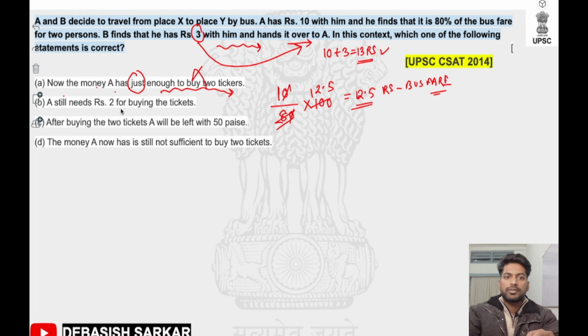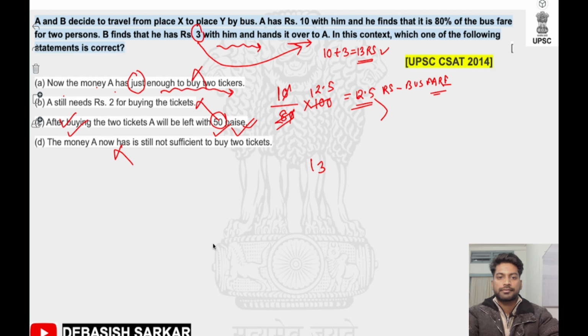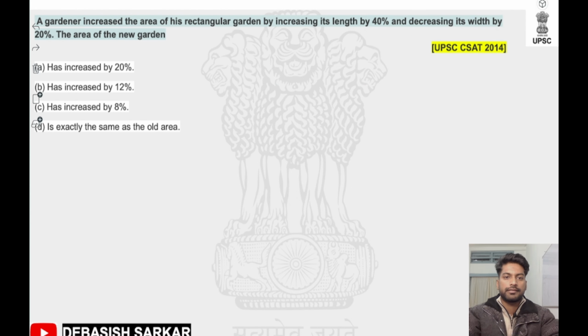A still needs 2 rupees to buy tickets. No. After buying the 2 tickets, A will be left with 50 paisa. Yes, that's correct. A has 13 rupees and ticket fare is 12.5, so definitely 50 paisa will be remaining. So the answer will be C only. Next question.